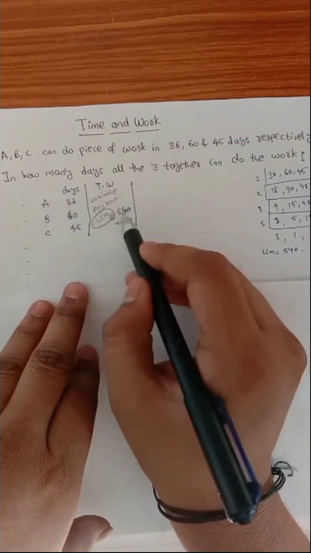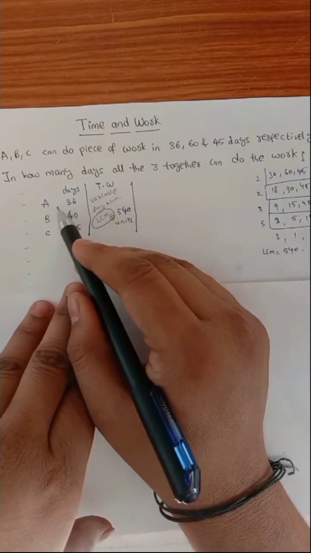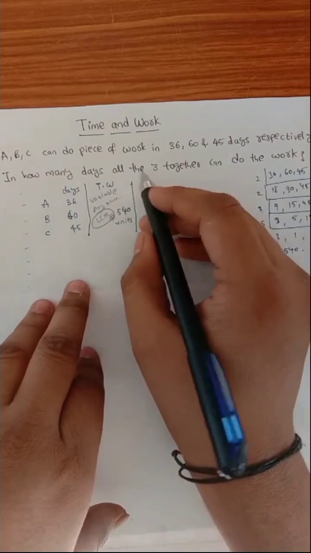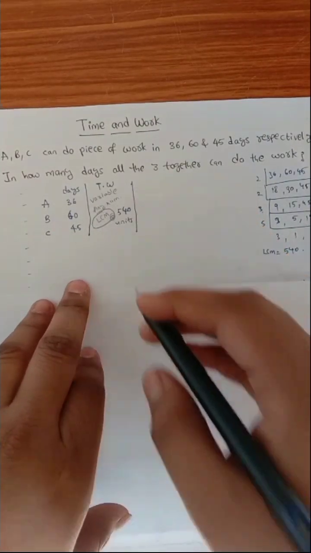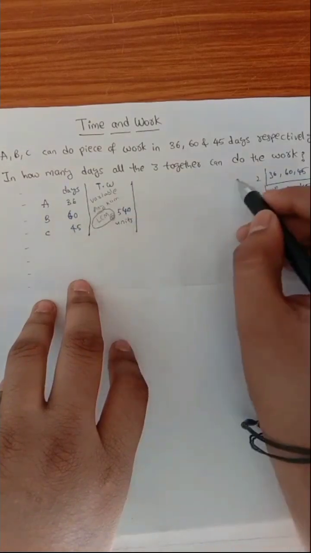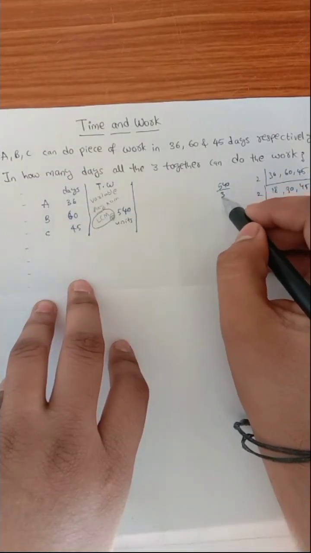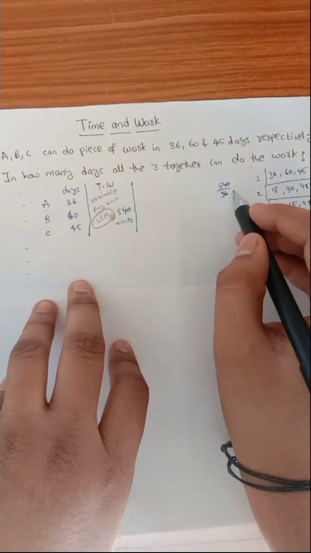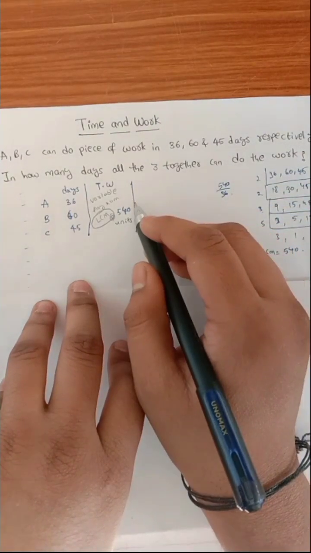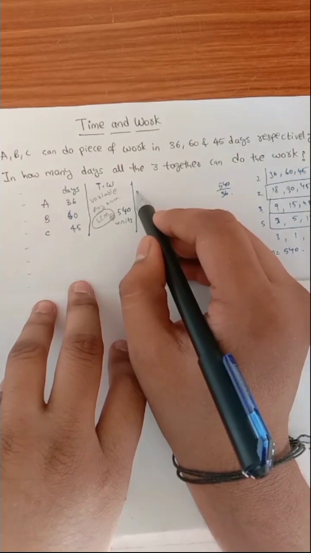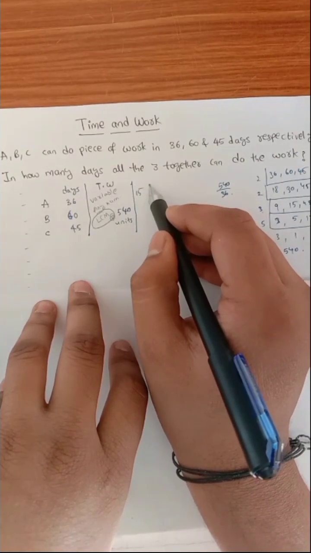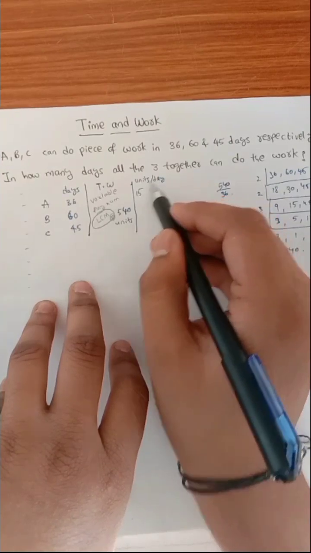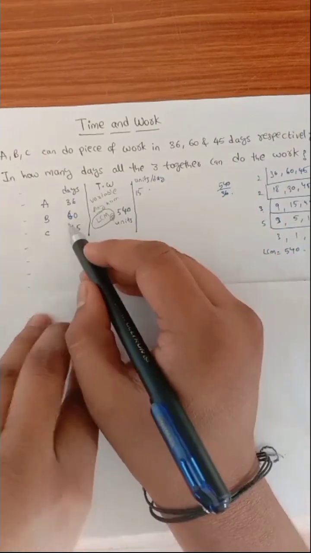Then this total amount of work, A can do in 36 days. Means per day he can complete 540 by 36 units. Here you will get 15 units per day. You can mention unit per day here.